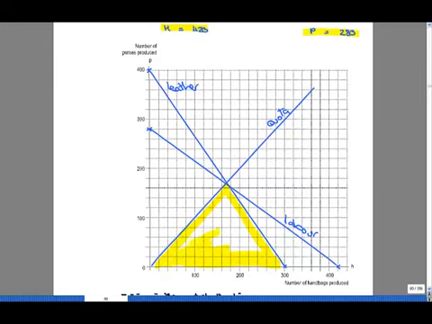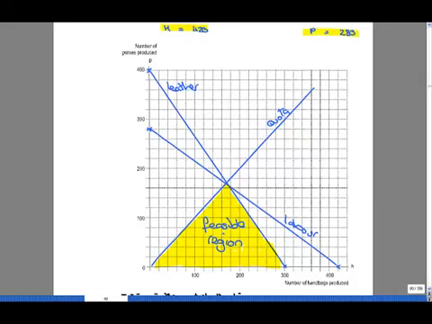And we can produce anywhere in here with the constraints that we have been given. Okay, now this area here is known as a feasible region.